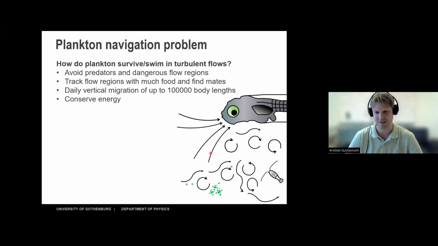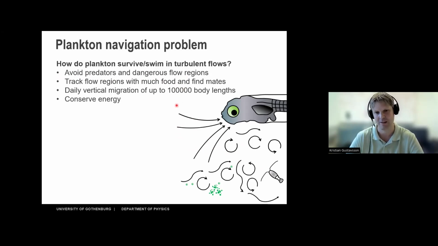Nevertheless, plankton in nature are able to do this to some extent. And the main task is obviously to avoid predators. If you are eaten, you are game over. So that's maybe the main driver of the plankton strategies. But you must also avoid dangerous flow regions. These could be regions where the signals from a predator get masked by the surrounding flow, so it's hard to detect predators.